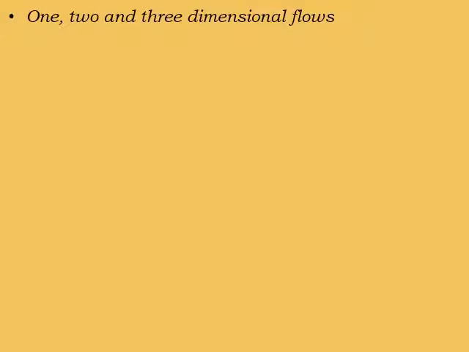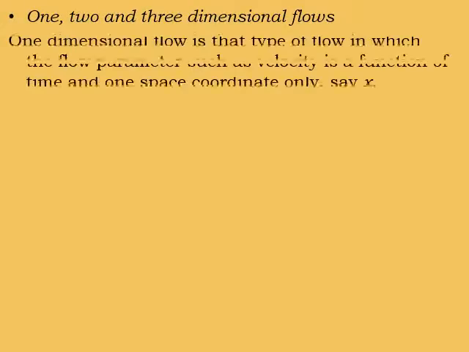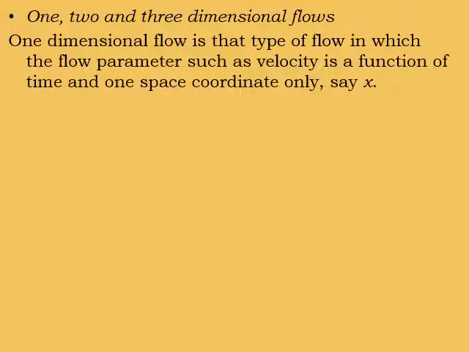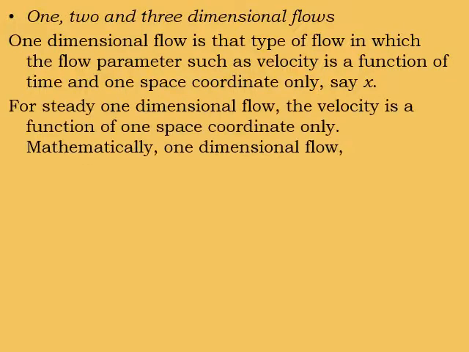Next, one, two and three dimensional flows. One dimensional flow is that type of flow in which the flow parameter such as velocity is a function of time and space coordinates only. Say x, there is only one space coordinate, that is x. For steady one dimensional flow, the velocity is a function of one space coordinate only.